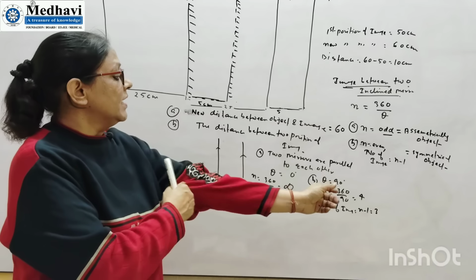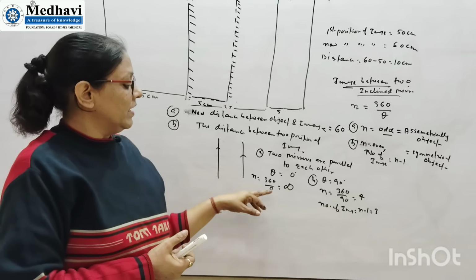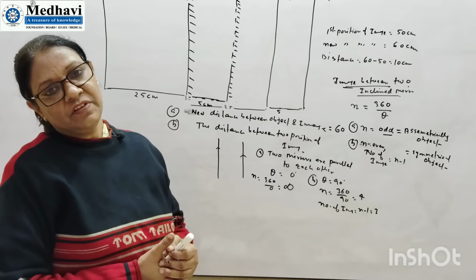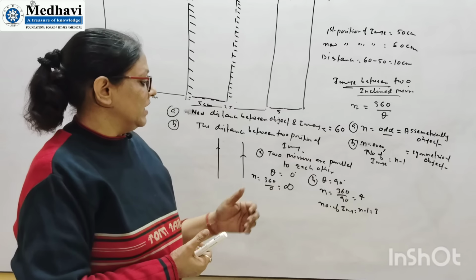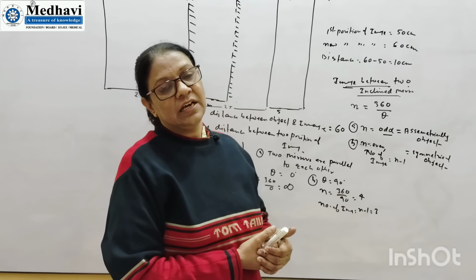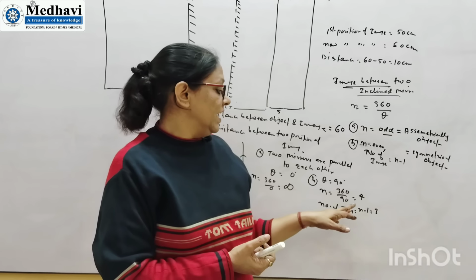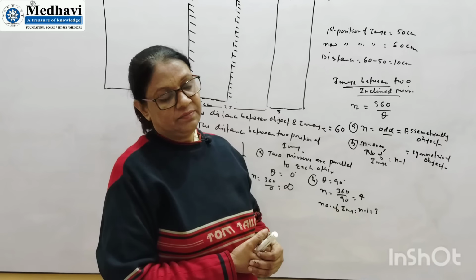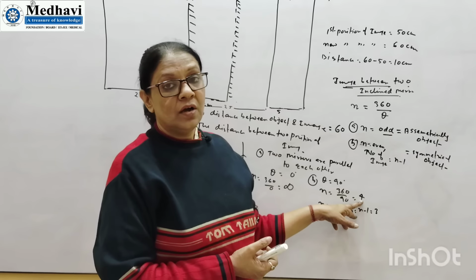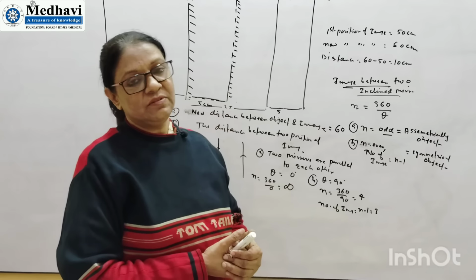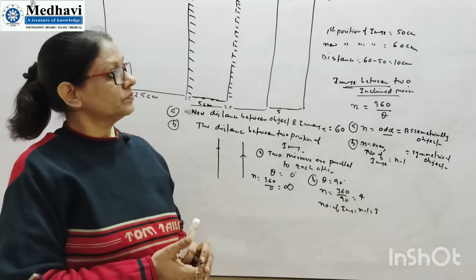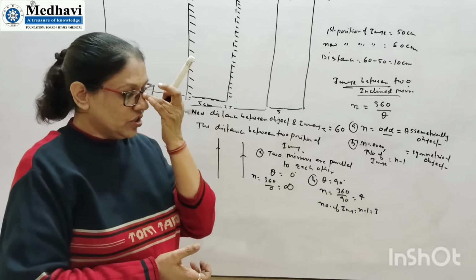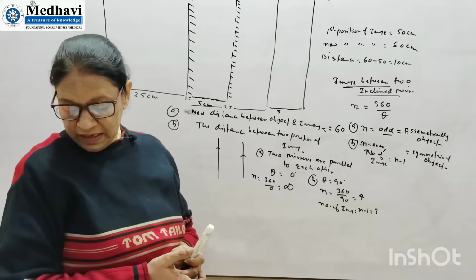And if the two mirrors are parallel to each other, infinite images are produced. And if the two mirrors are at an angle of 90 degrees, n is 4, an even number, so n minus 1 images will be produced. So this is the information we have used from the plane mirror.